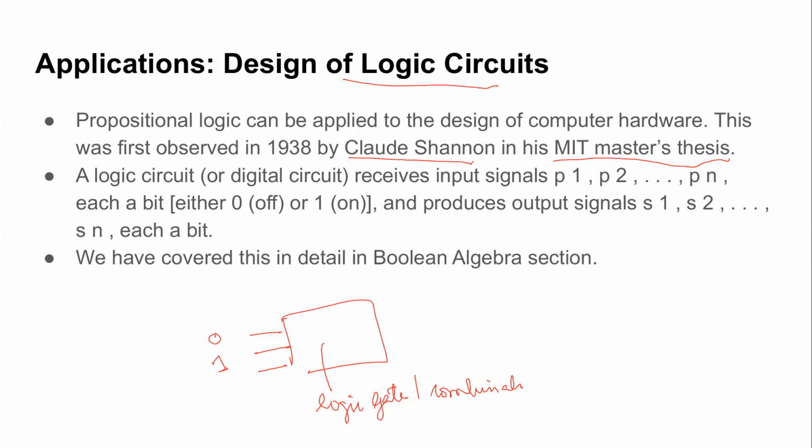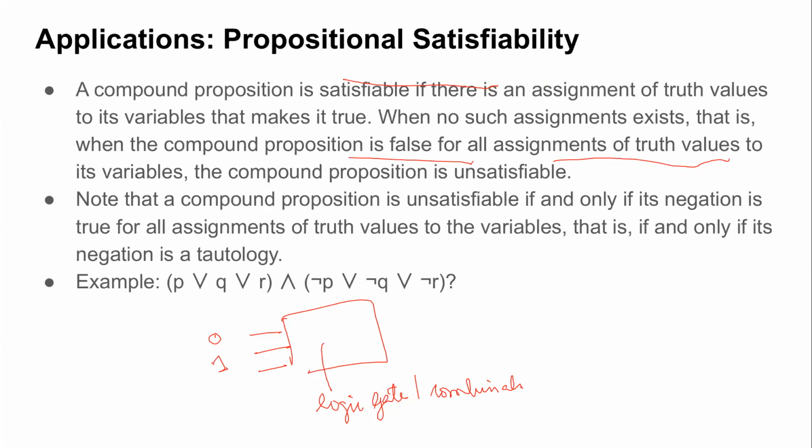We already saw this in detail, how you can have a proper circuit design, how you can minimize it, and how you can write the standard forms of it. This is something we already covered in the Boolean algebra section, that one of the popular applications of logic is the design of circuits.